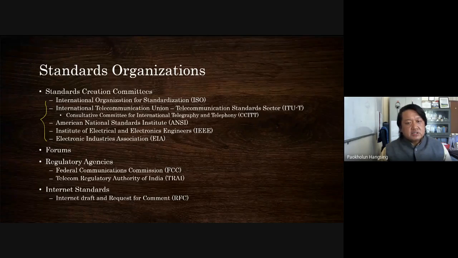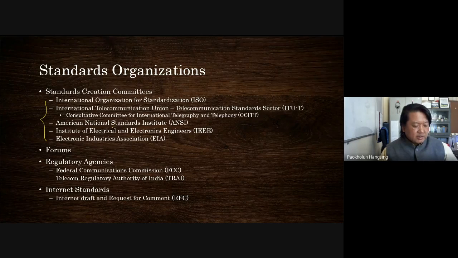So therefore, this is a UN body. This is also responsible for making, creating standards. Now in America, why I brought in this American Standard Institute is a country-specific standard institute, but they are responsible for making many computer or telecommunication-related standards, which become accepted or adopted worldwide.